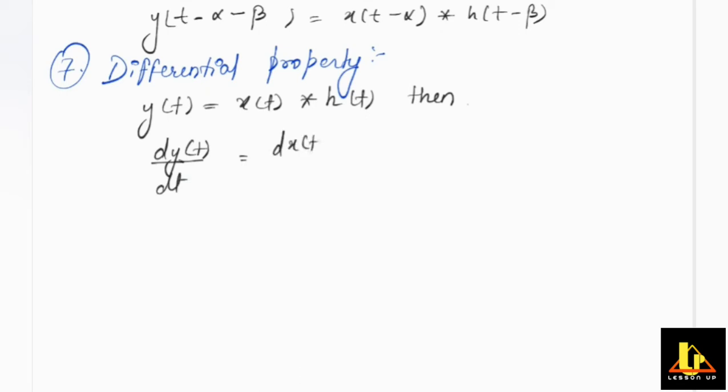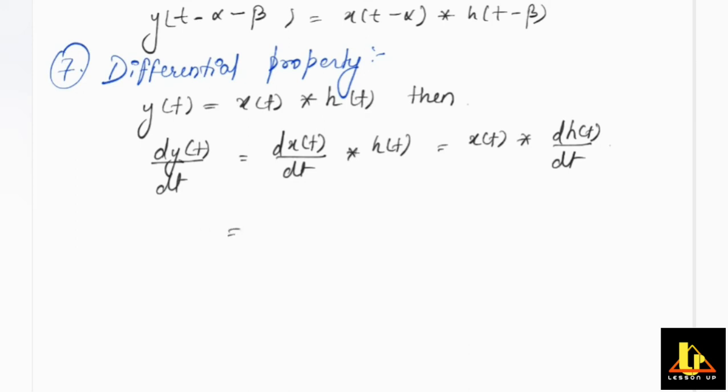So if you differentiate input, you will get dy by dt, or if you differentiate impulse, you will get the same dy by dt.